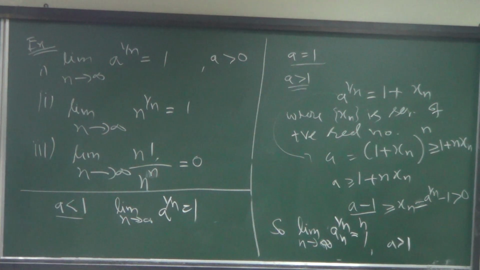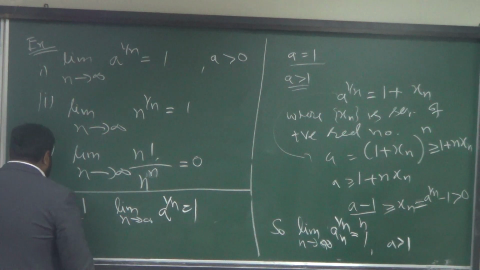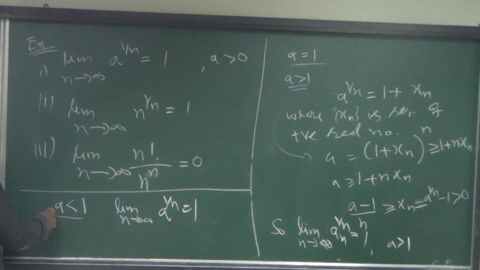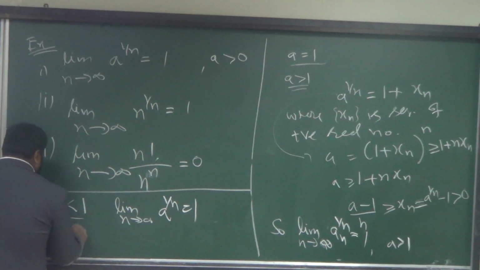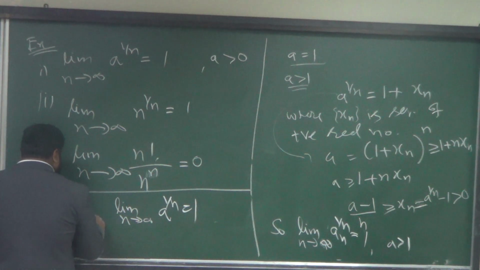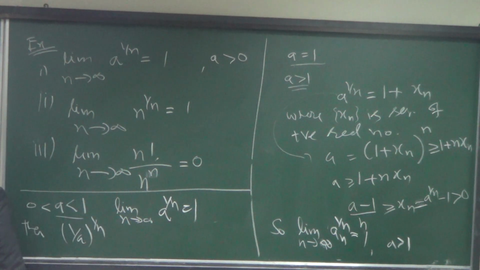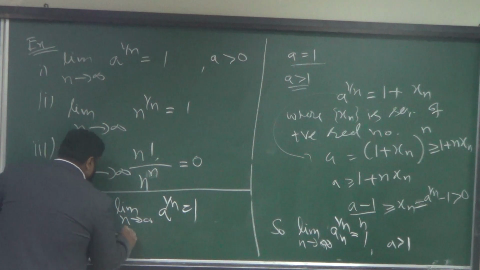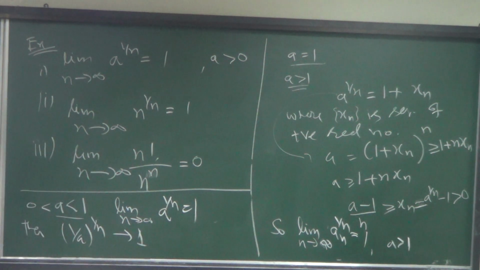Anyway, what we can show, just think about it: if my a is between 0 and 1, then this sequence, 1 over a raised to 1 over n, goes to 1. Do you agree with this?